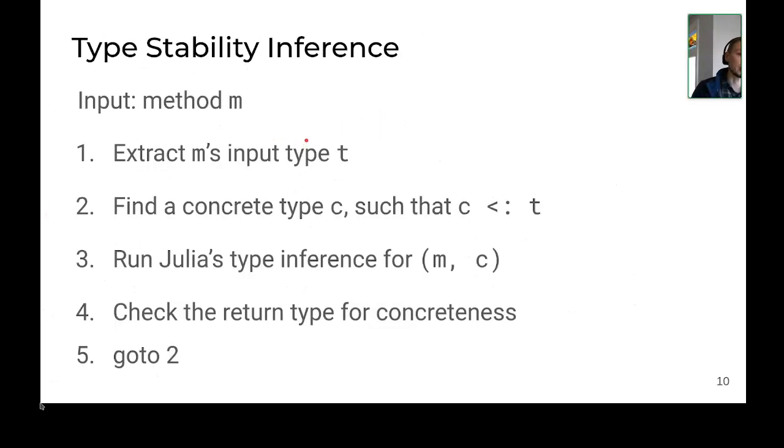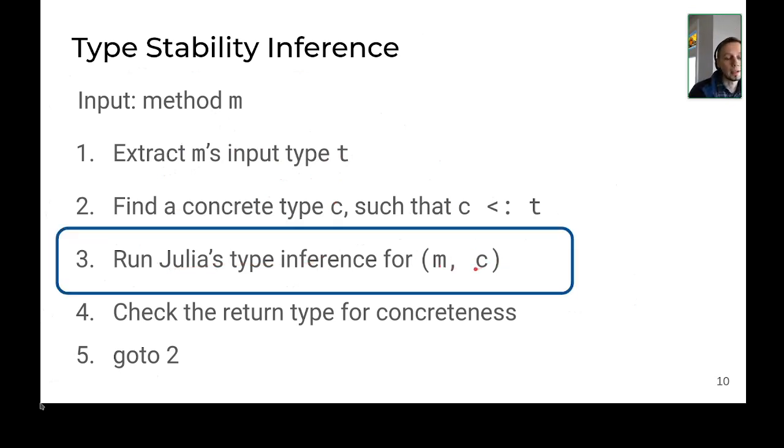This is the way we arrive at the general framework that we propose here: if you have a method that you want to analyze type inference for, you extract its type signature, its input type, and you try to exhaustively enumerate all concrete types C that are subtypes of the signature, and then you run Julia's type inference for the pair of method and concrete input type.